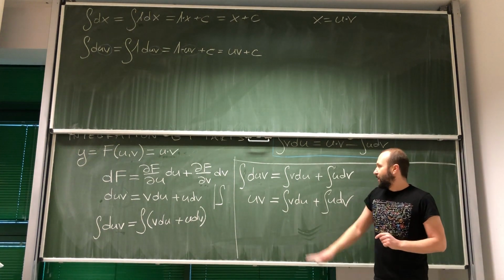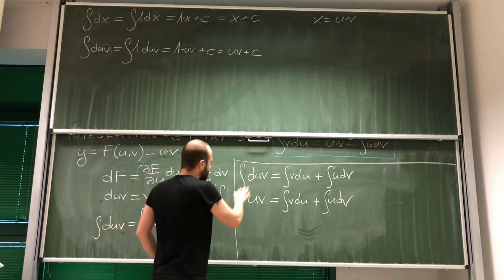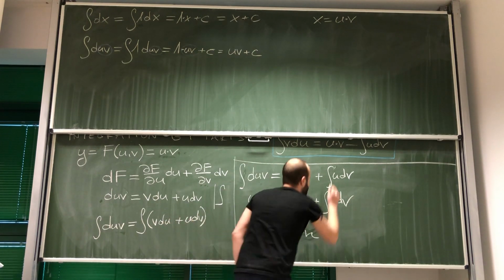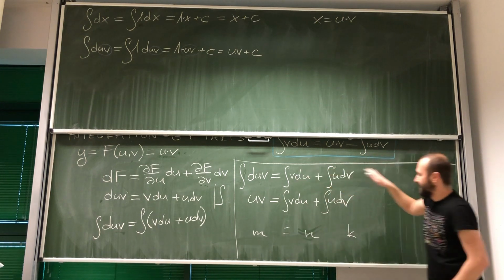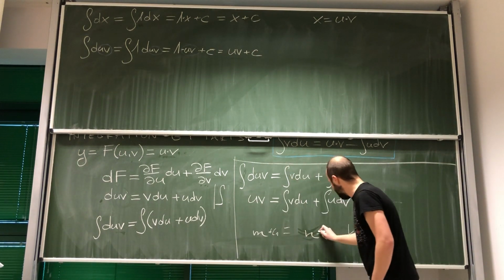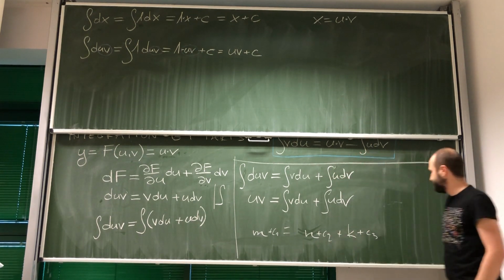Because look, if I would integrate those, I would get some results. Let's call those results m, n, and k, right? Let's just say that I'm getting m, n, and k. Each of those would be plus some c1, plus some c2, plus some c3.